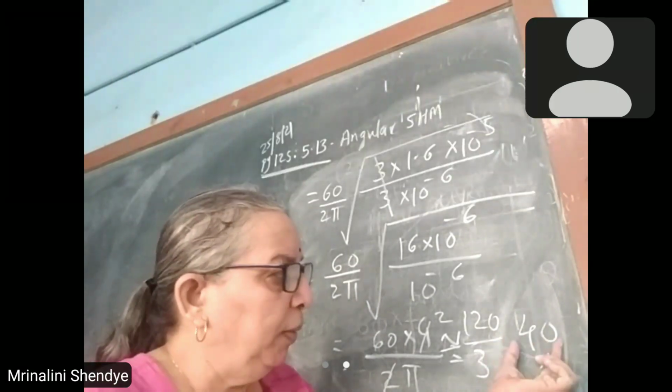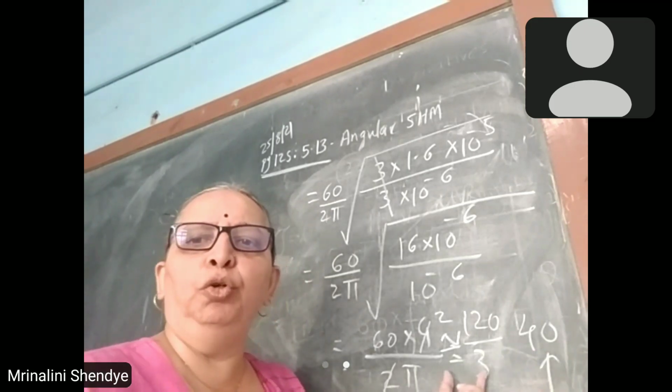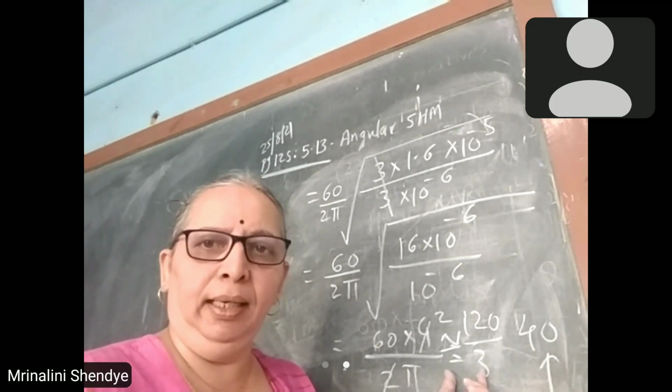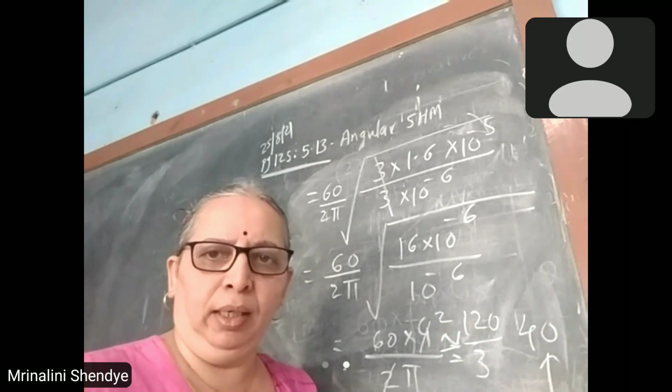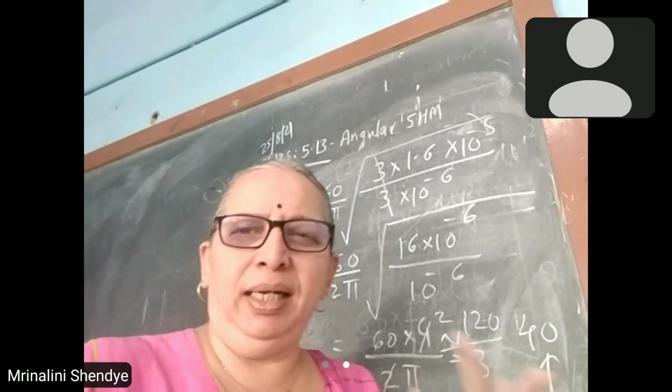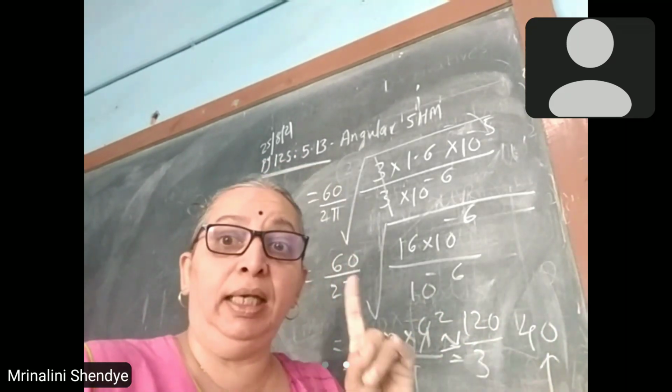So this will be less than 40 because the denominator is greater than 3. If you take 3, it will be 40. So it will perform 38 point something oscillations in 1 minute.